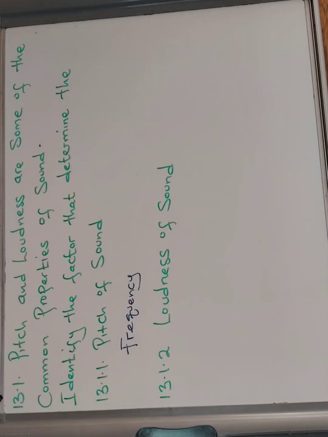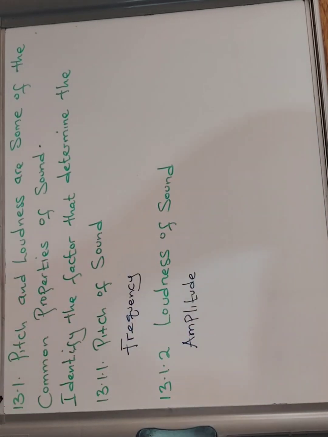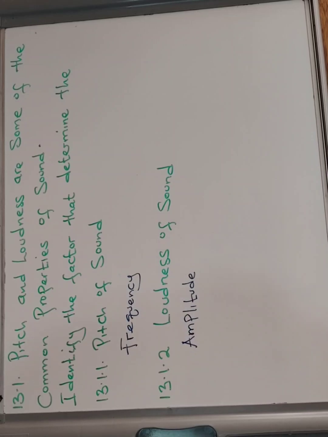And if this sound is portable, you are going to see that the amplitude has increased as you raise the volume. So loudness of sound is determined by amplitude. Let us put that one down. Let us go to the next question.